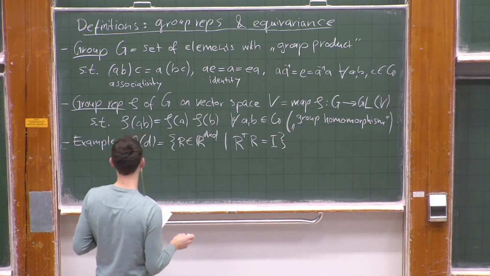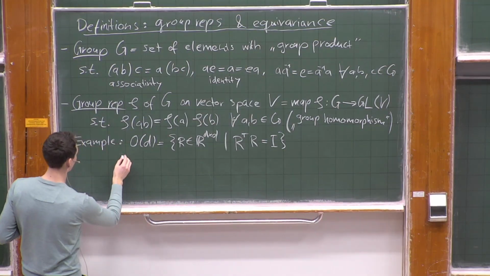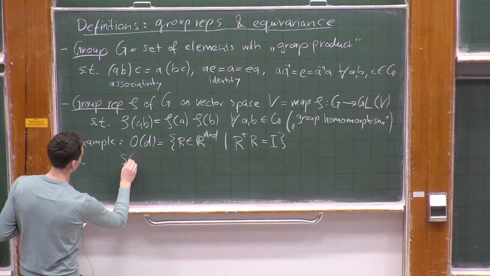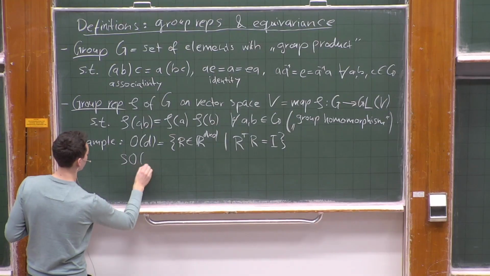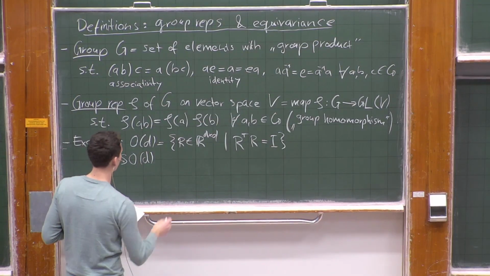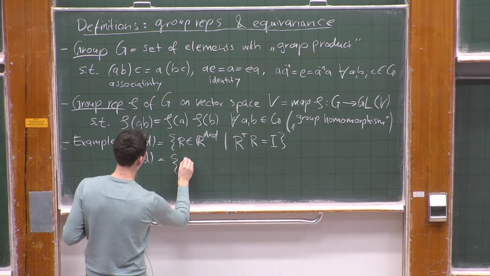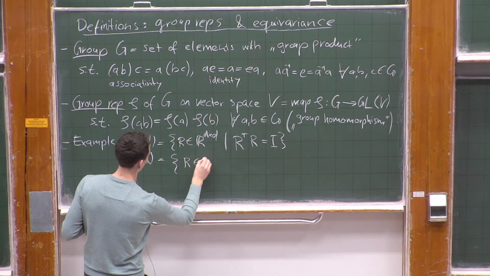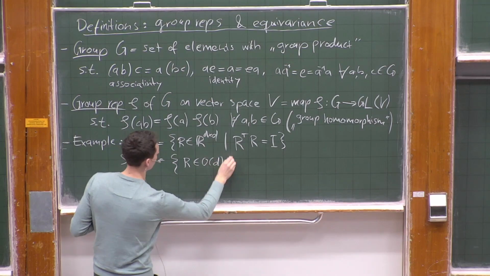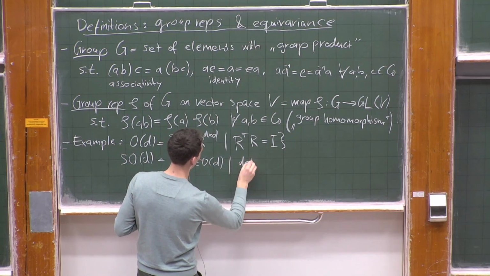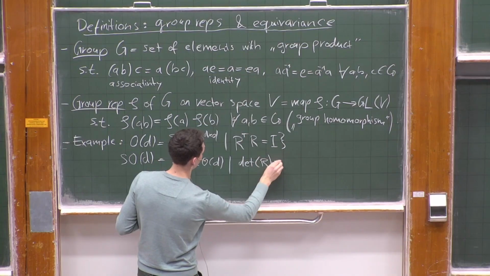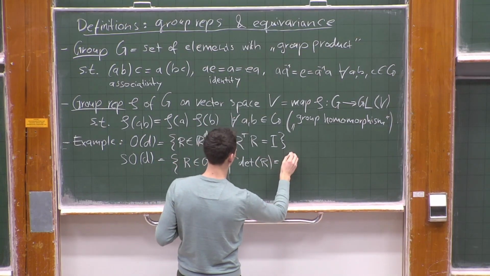And then there's also a subgroup of that group, which is the special orthogonal group, which are elements of O(D) which also fulfill that the determinant of these matrices is 1.